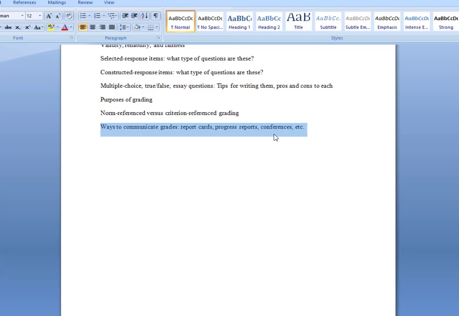However, with older students, their grades belong to themselves. For example, I teach college classes. I can't share grade information with your parents if they contacted me, unless you've signed a form saying that I can do that. So you want to pay attention to the age of the individual as far as whether you share that information with parents or not.